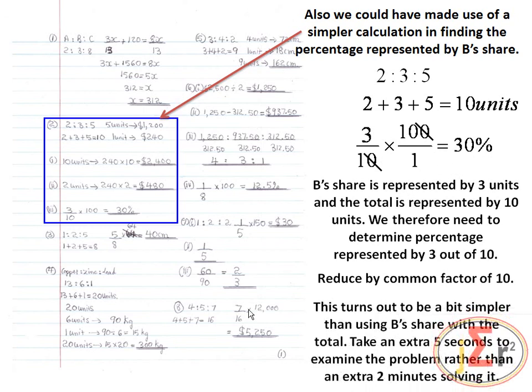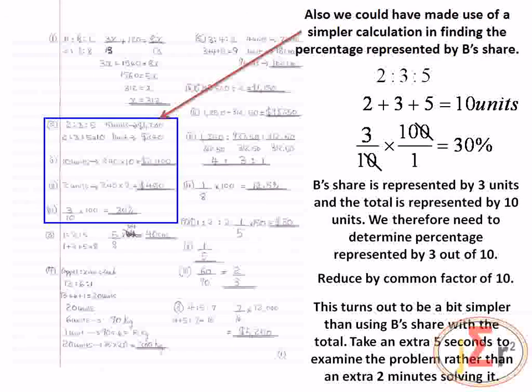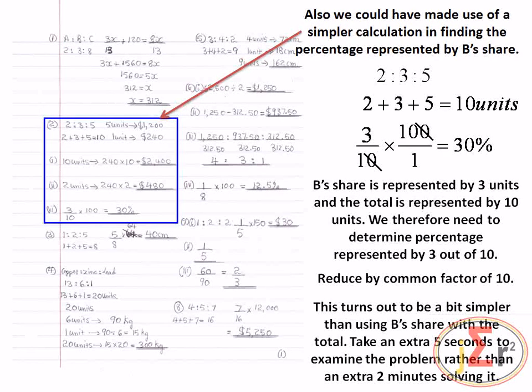This turns out to be a bit simpler than using B's share. That turned out, if I can remember, $720. So it turns out to be a bit simpler than using B's share, which is $720 with the total of $2,400.